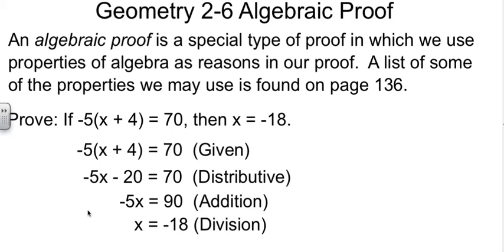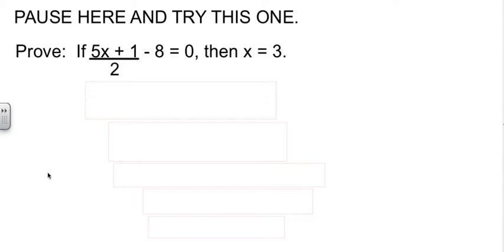You already knew how to do all these steps over on the left. You just have to tell me what you did. That's basically how an algebraic proof works. So I'm going to ask you to take a minute, pause your video, and try this one out, and then come back and we'll check and see how you did.